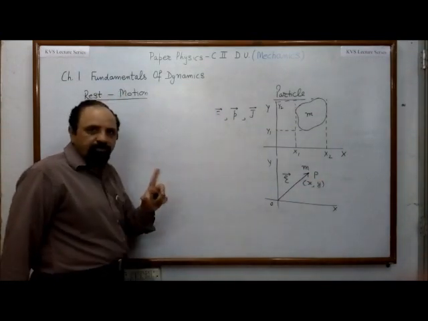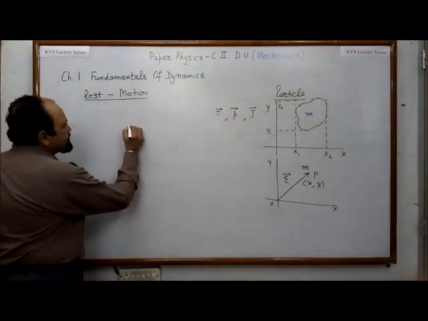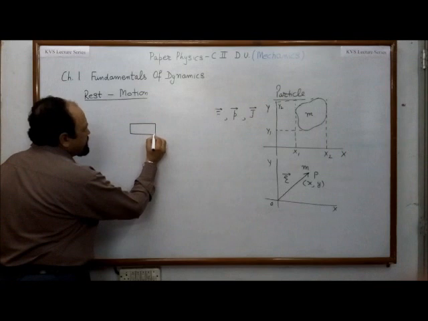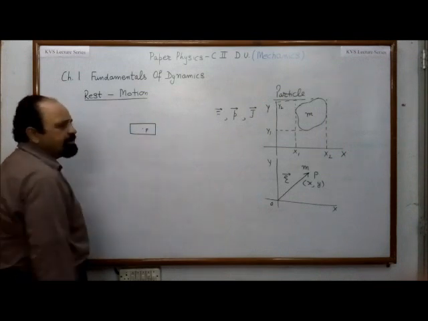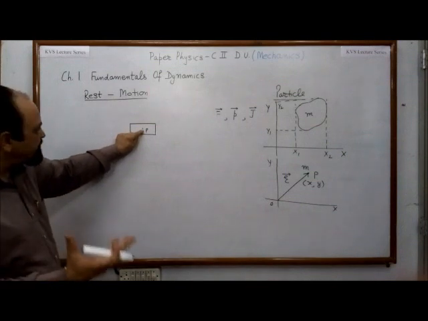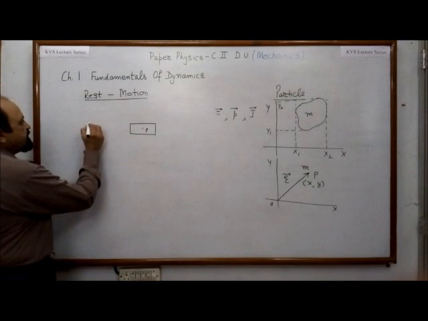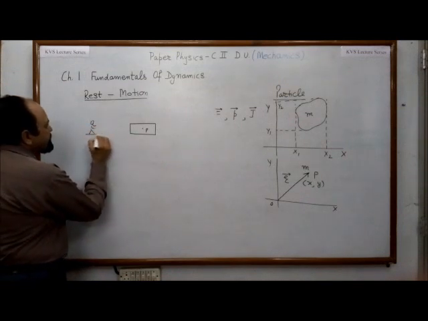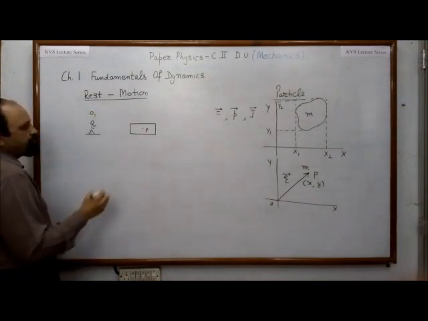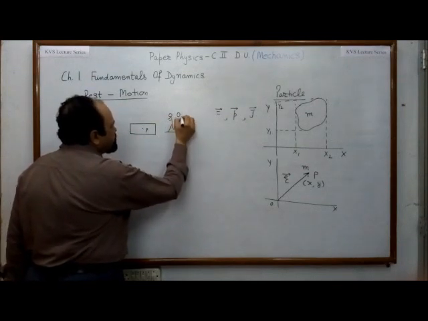But here there is one problem to understand. This is an object. Obviously I am representing it as an object. This is a real object, but this is the simplification, as we have discussed, that we will take. There are two observers, O1 and O2.